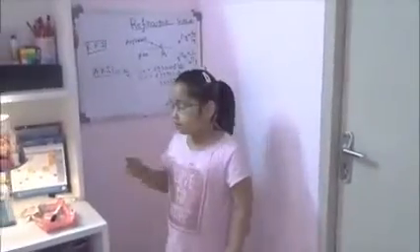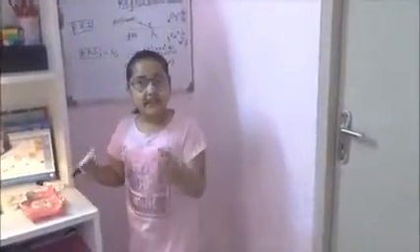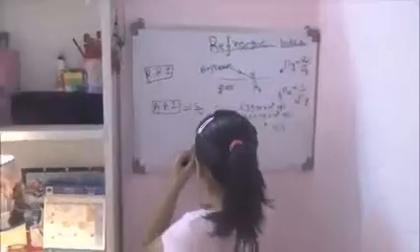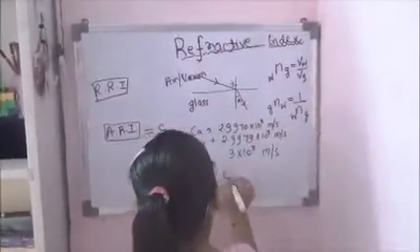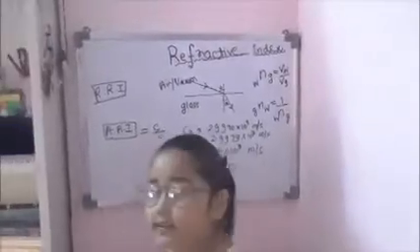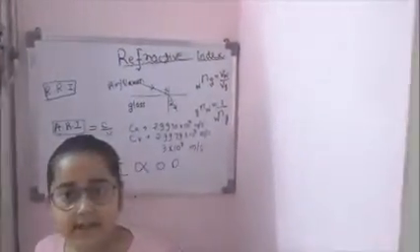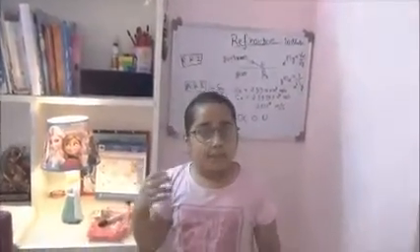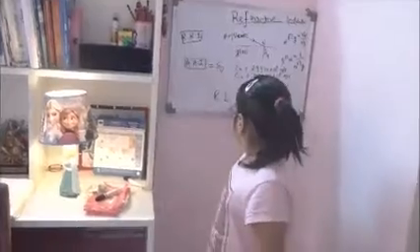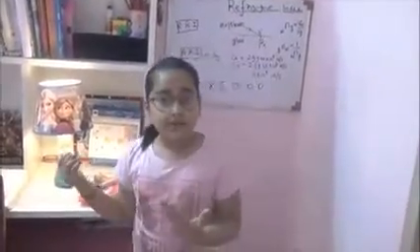So, there is a relationship between the refractive index and the optical density. And the relation is refractive index is directly proportional to optical density. That is, the higher the refractive index, the more the optical density. So, kerosene has more optical density than water.